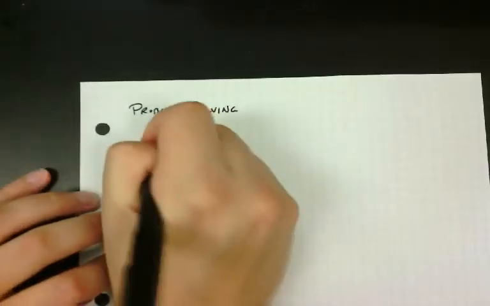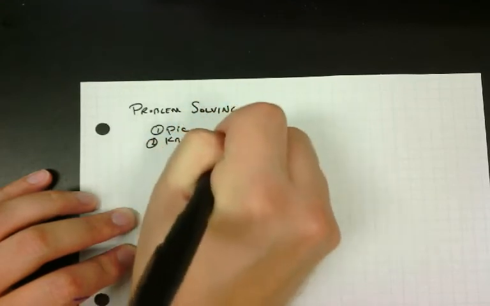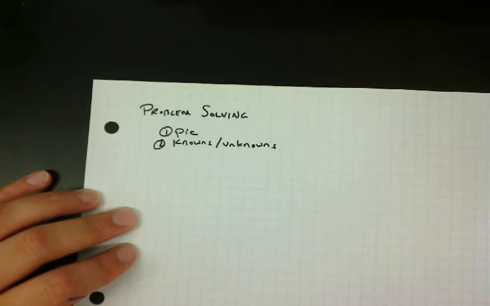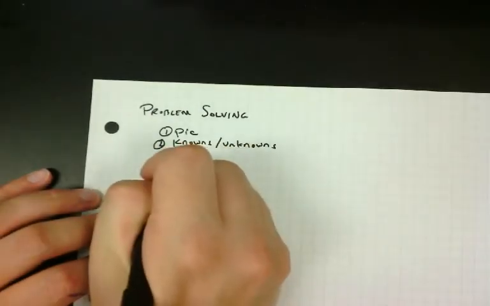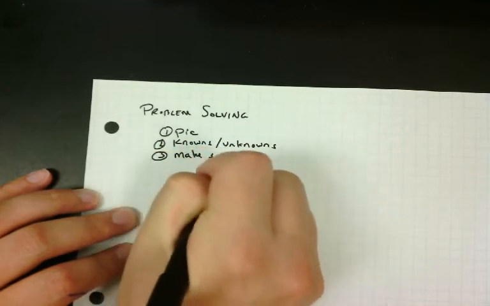The second step is what I call setting up your knowns and unknowns. You may have done something like this if you had chemistry. The third step is make sure units are the same.